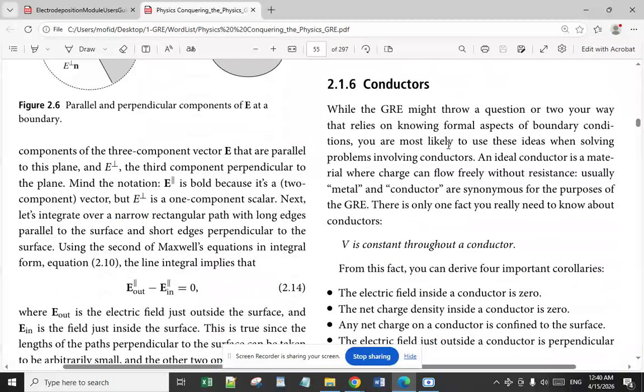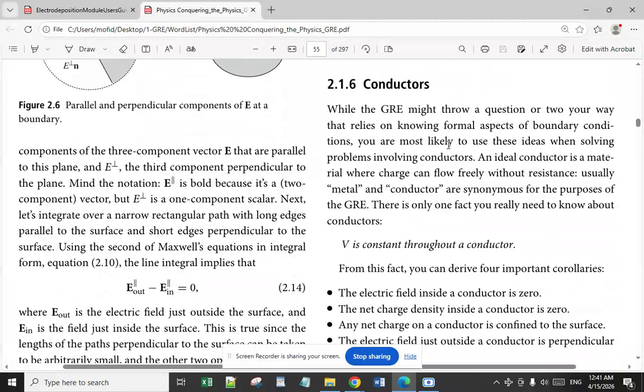Mind the notation: E parallel is bold because it's a two-component vector, but E perpendicular is a one-component scalar.